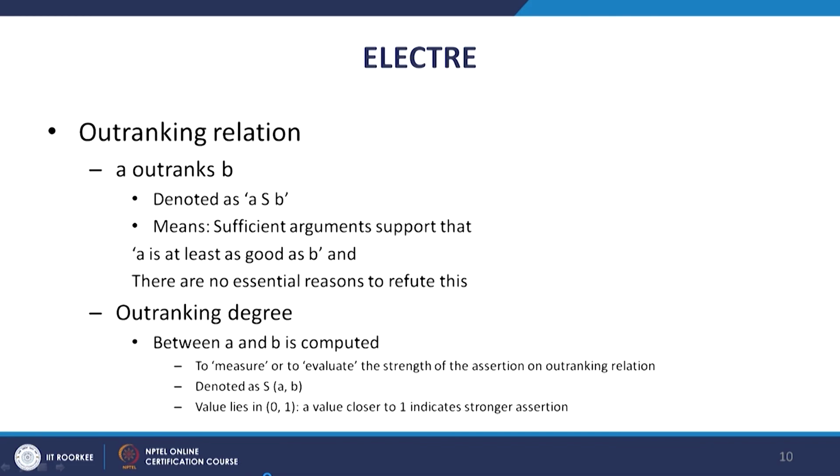If we say A outranks B and make that assertion as an outranking relation, how do we measure the strength of this assertion? For that we need to compute the outranking degree. This is denoted as capital S of A comma B. Because this is a measurement, it is going to be a value, and this value typically lies between 0 and 1. If the value is closer to 1, it indicates a stronger assertion. If the value is closer to 0, then of course it is going to be a weaker assertion.